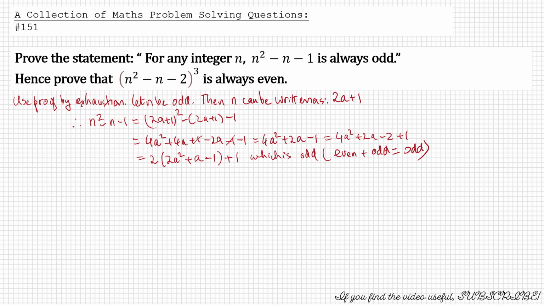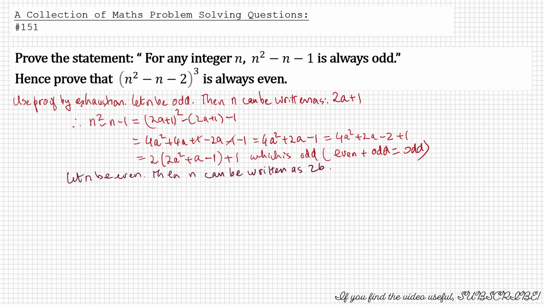Now for the second part, let n be even. Then n can be written as 2b.